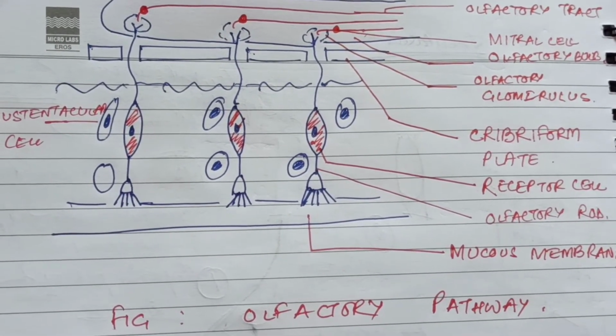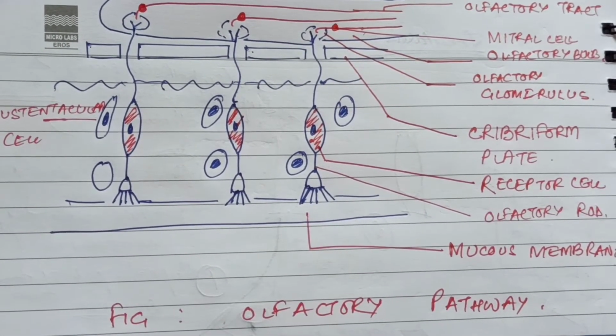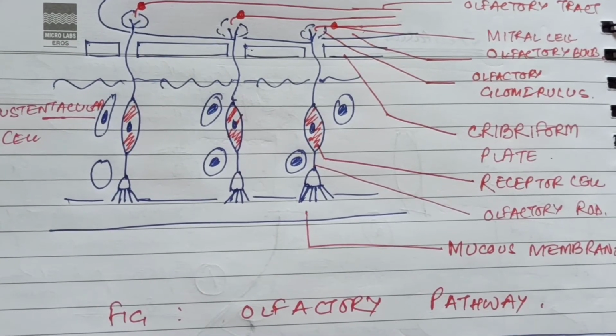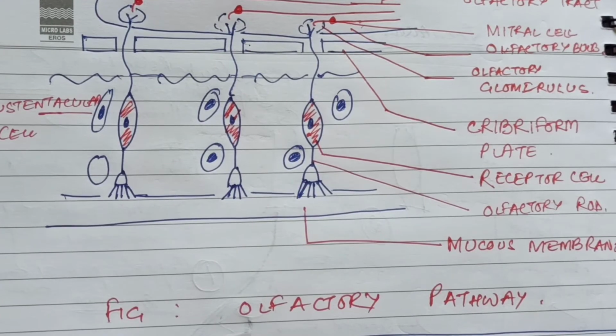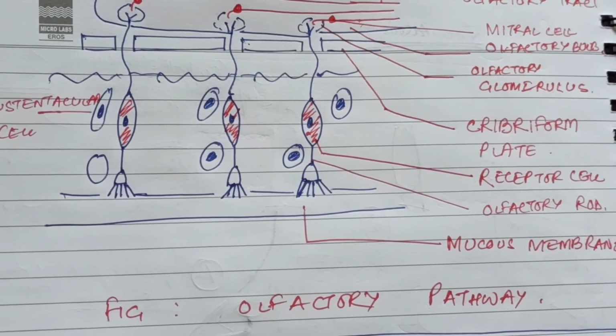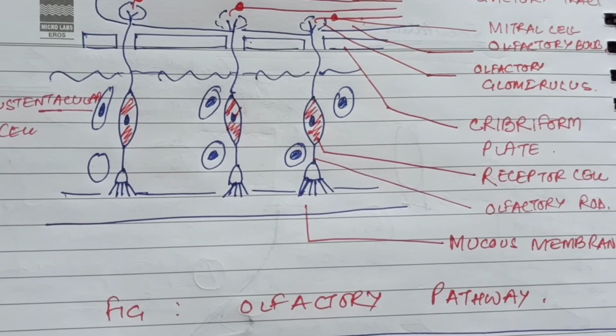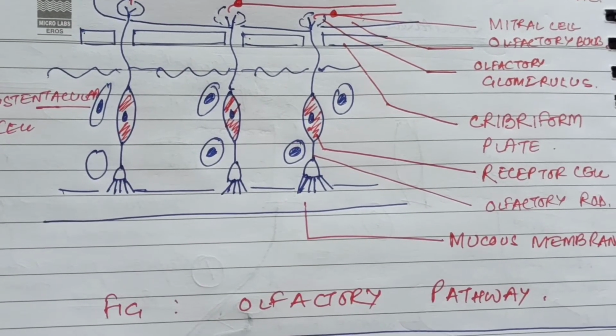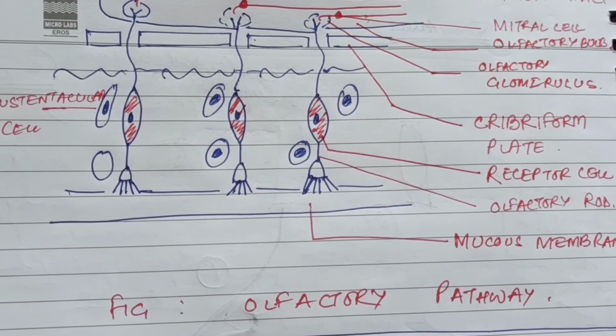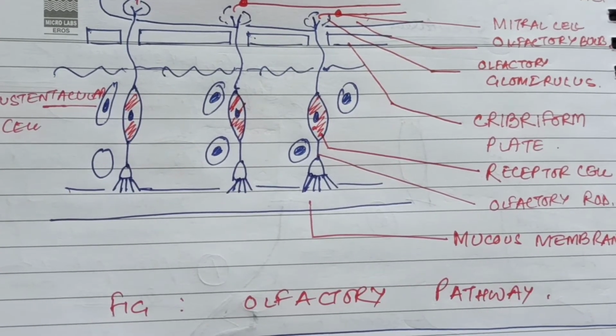You can see the dark red circular area, that is the mitral cell. The dendrite of this mitral cell synapses with the axon of the receptor cell, leading to the formation of a circular area known as the olfactory glomerulus.